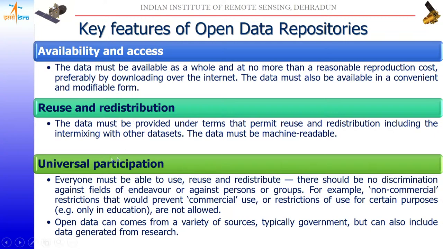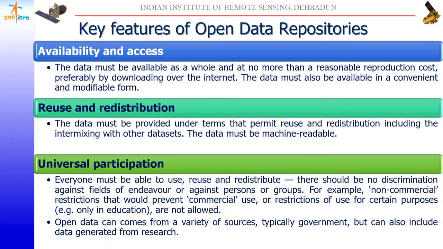Similarly, the third property is universal participation, without any restriction. Everyone should be allowed to use the data. They should be able to redistribute the data and reuse the data, and there should not be any kind of discrimination against a field of endeavor or against a person or a group.